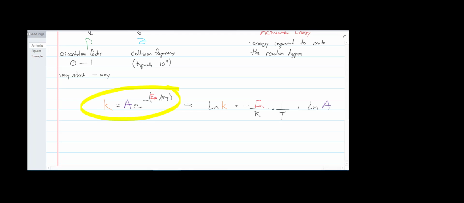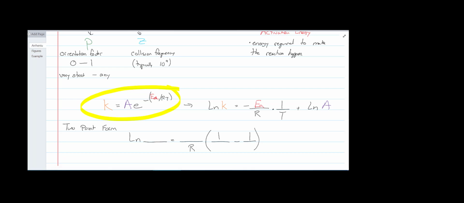But then we're going to use also a two-point form. If you remember, like the Clausius-Clapeyron equation and whatnot, where the natural log of A is the same. In this case it's the y-intercept, so you can have any two temperatures and any two k's. And so depending on how it's derived, the natural log of the two k's equals EA over R times 1 over T minus 1 over T. And whether it's T1 and T2 or T2 over T1, plus minus, that all matters.